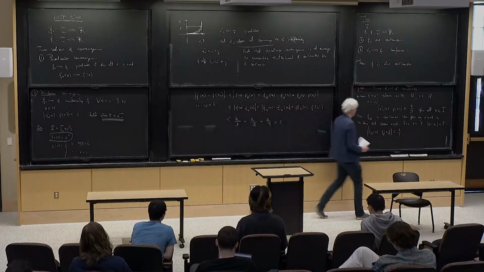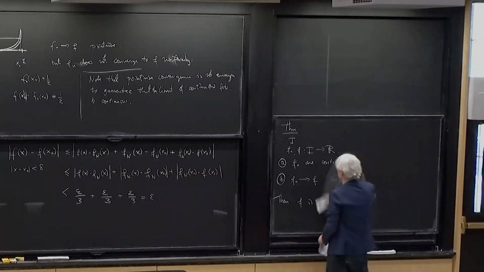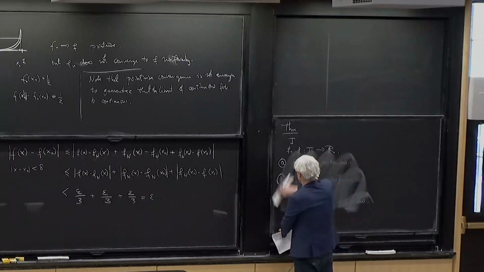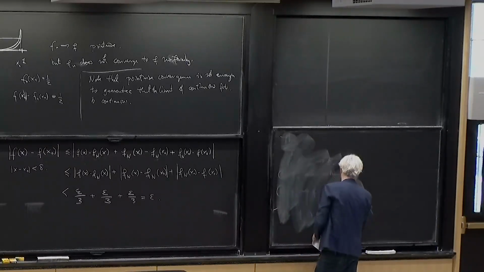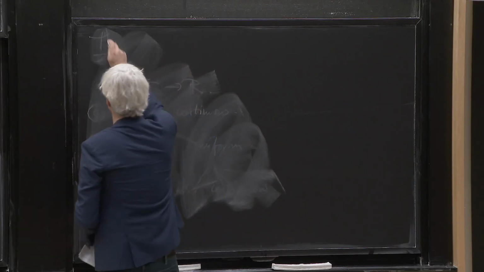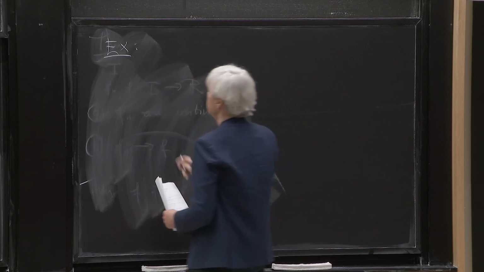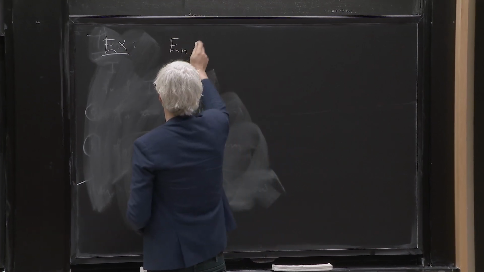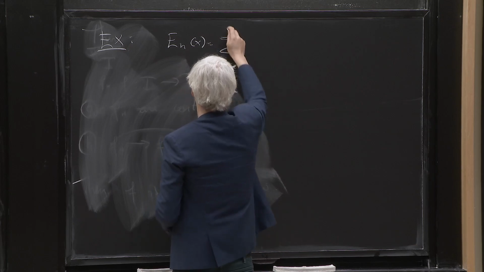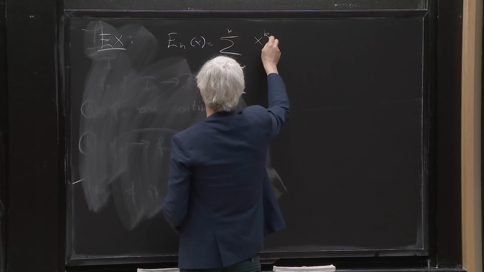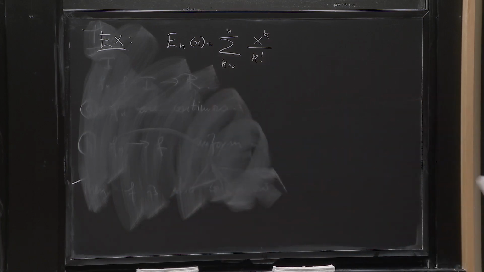Now, the first application of this is that suppose you're looking at the following example. x_n of x is the sum from k equal to 0 to n of x^k over k factorial.